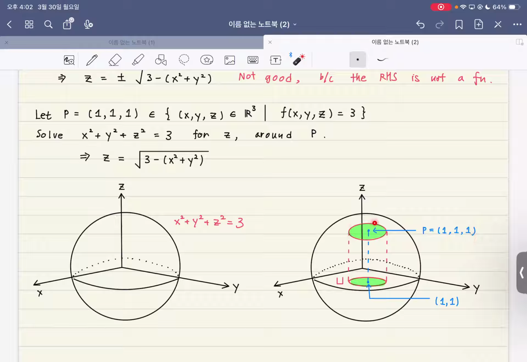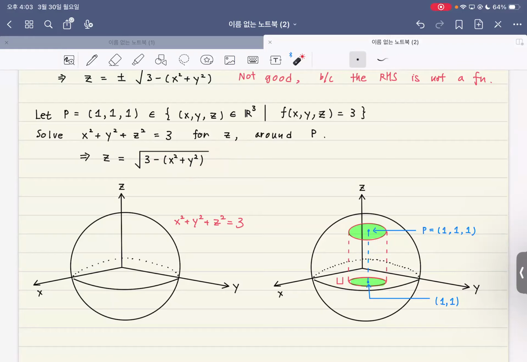By doing so, this patch can be understood as the graph of some two-variable function.